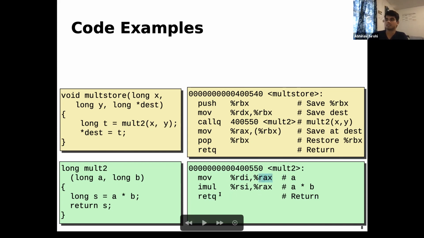And we know RAX is the return value, so that's what was returned. And then you move RAX into RBX because we want to put it into the destination, and then you could pop RBX back and return.